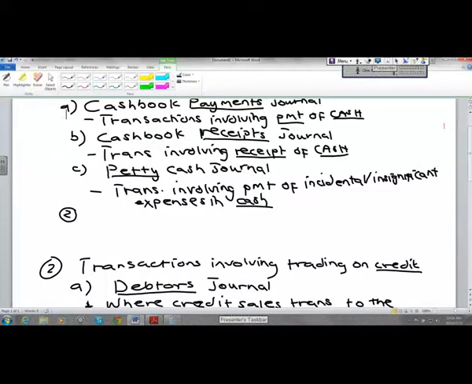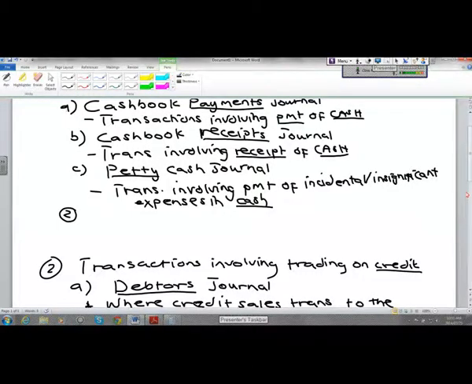All right, let's take it up. All right, but we can remember this. As you can see, in this category, we have the debtors journal and the creditors journal. All right, so will it belong to this category?